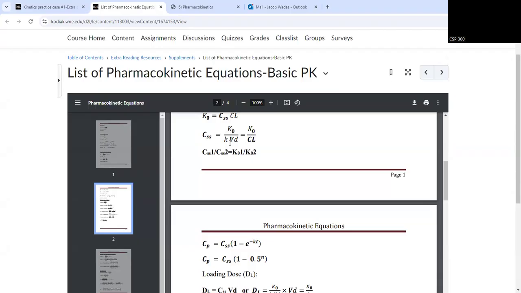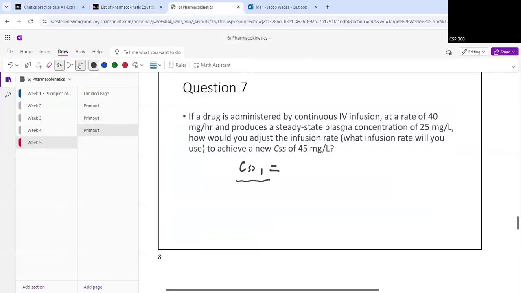And since VD is on the bottom here, that means it's inversely related. Mathematically, if the K0 goes up, the CSS will go up. And if the VD goes up, since it's a denominator, then CSS will go down. Make sense? Makes sense, yeah. So K0 and CSS are directly related.